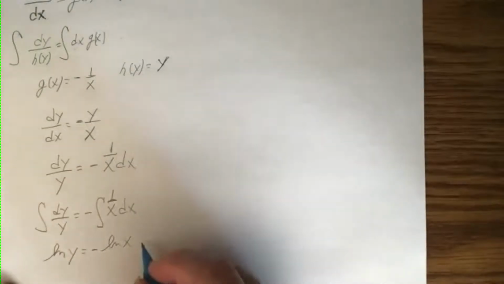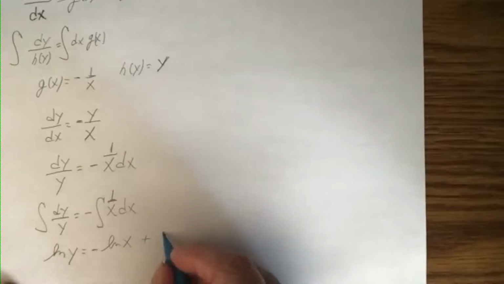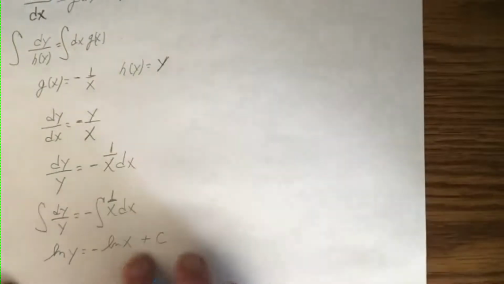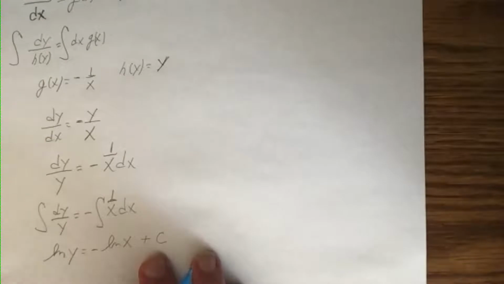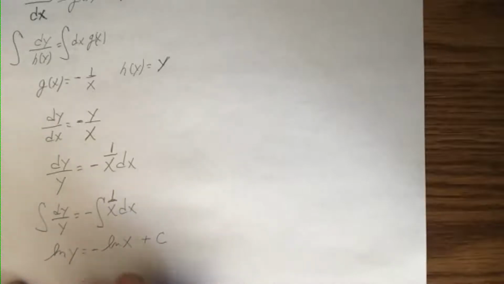Now I have to put a constant c. So now, if I want an explicit solution, I have to solve this for y. An explicit solution means I have to solve this for y.